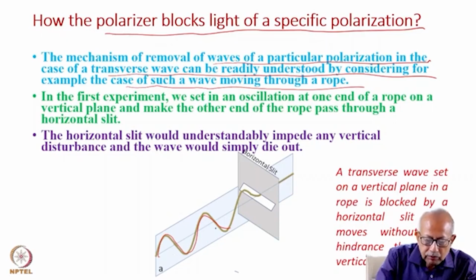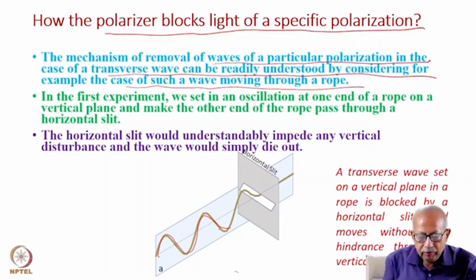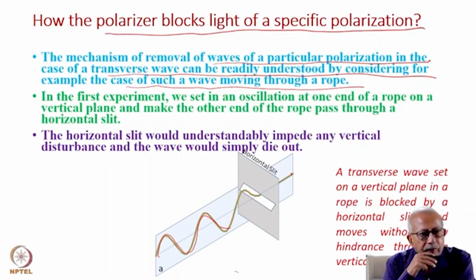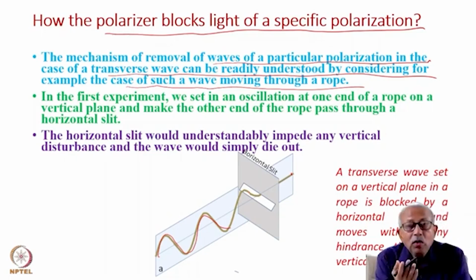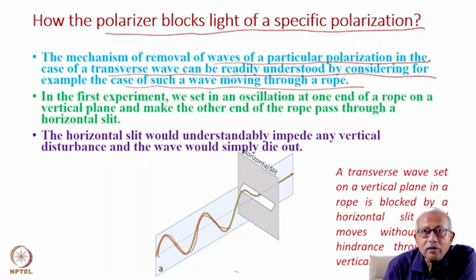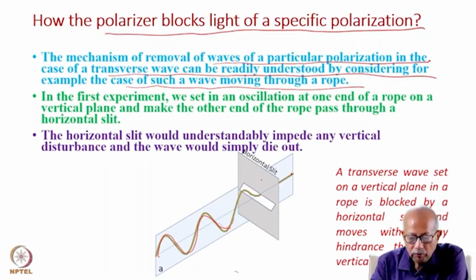Now let the other end of the rope pass through a horizontal slit. You can appreciate that this horizontal slit will block these vertical disturbances. It will not allow them to move, and so the wave would simply die.